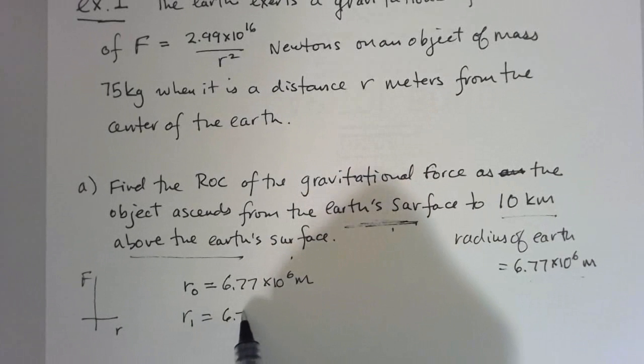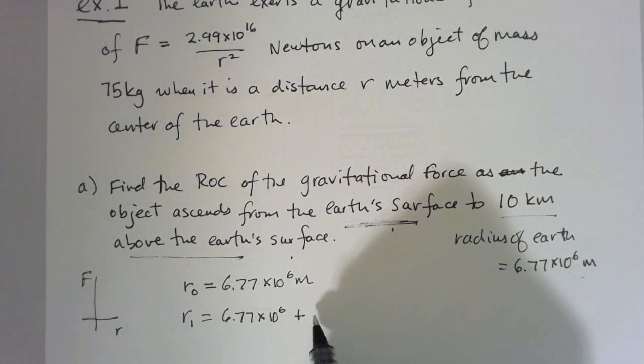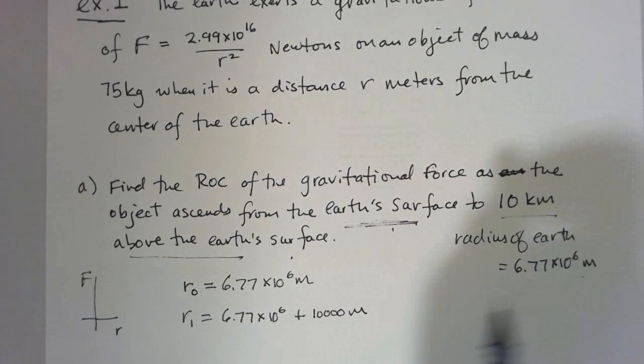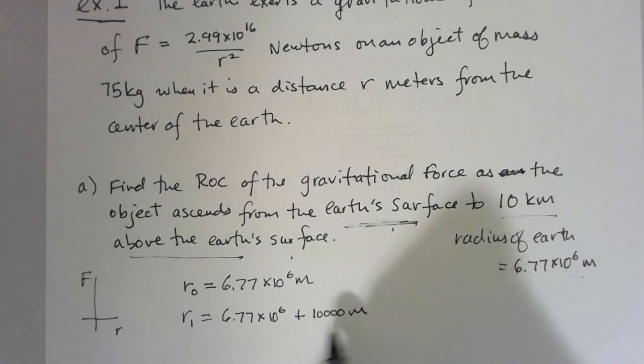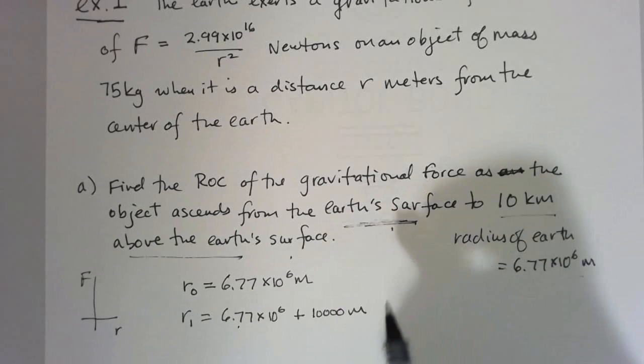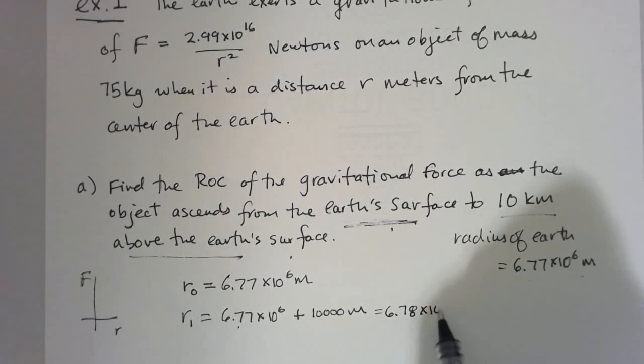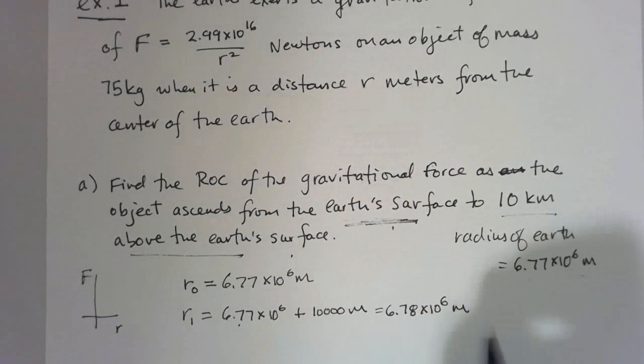So that would be 6.77 times 10 to the 6th plus, you see 1 kilometer is 1,000 meters, so this is 10,000 meters. So let me see if I remember my scientific notation here. I think this would be 6.78. Yeah, 100,000 would change this, so this is 6.78 times 10 to the 6th meters. I hope that's correct.